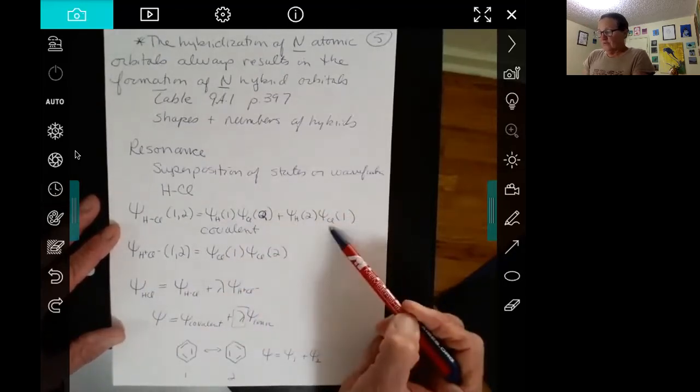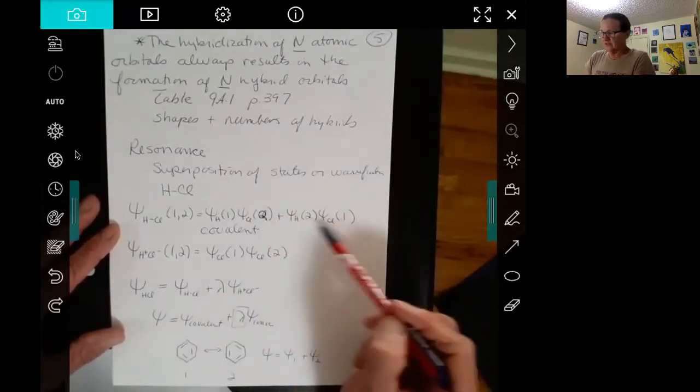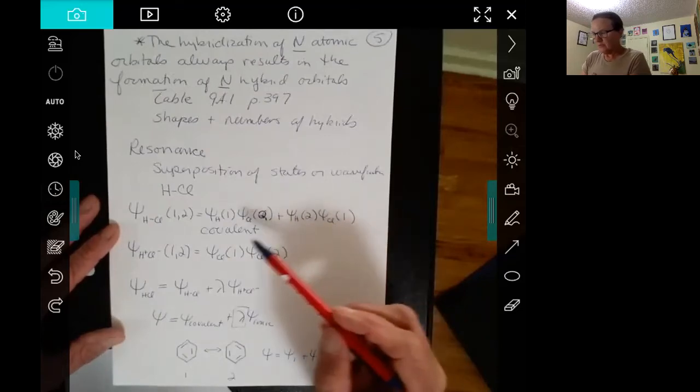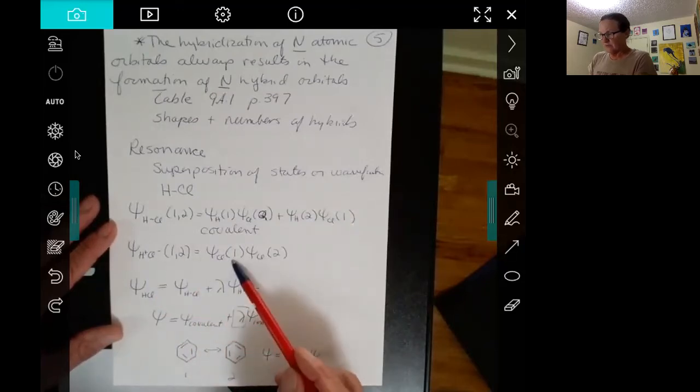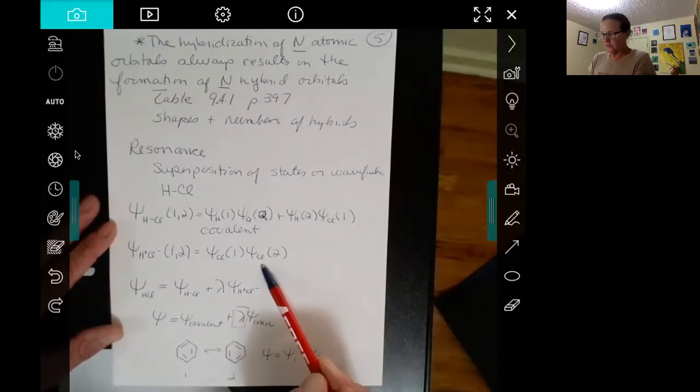These would be covalent contributions because you're talking about overlap. But you could also talk about a contribution or a resonance structure where it's an ionic bond. And that would mean that there's an electron on chlorine and another electron on chlorine, leaving hydrogen with none.